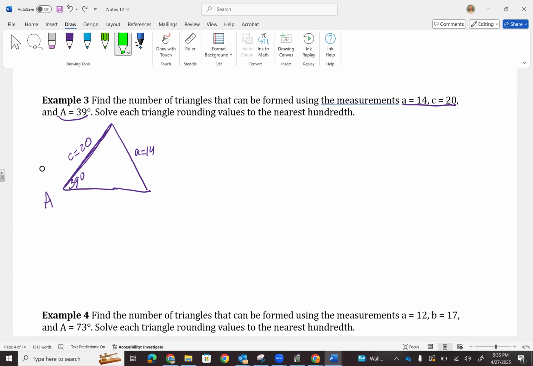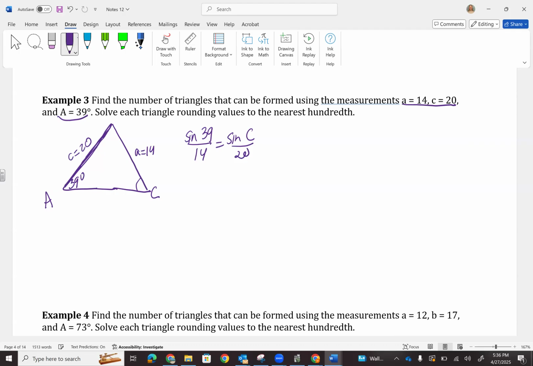Let's do the law of sines to find the first angle. So the first angle we're going to find is going to be named C. Sometimes it's called B, sometimes it's D or C or whatever, but it matches with the given side that doesn't have a pairing. So we're going to do sine of 39 goes with 14 equals the sine of C over 20.